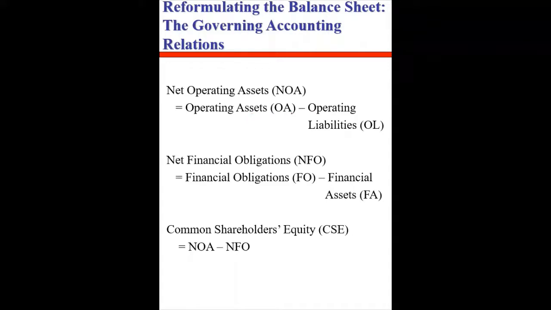So we can categorize the assets into these operating assets and the financial assets, and we can categorize the liabilities into operating liabilities and the financial obligations. So we talked about these equations, and this will help us to understand the template of the reformulated balance sheet.